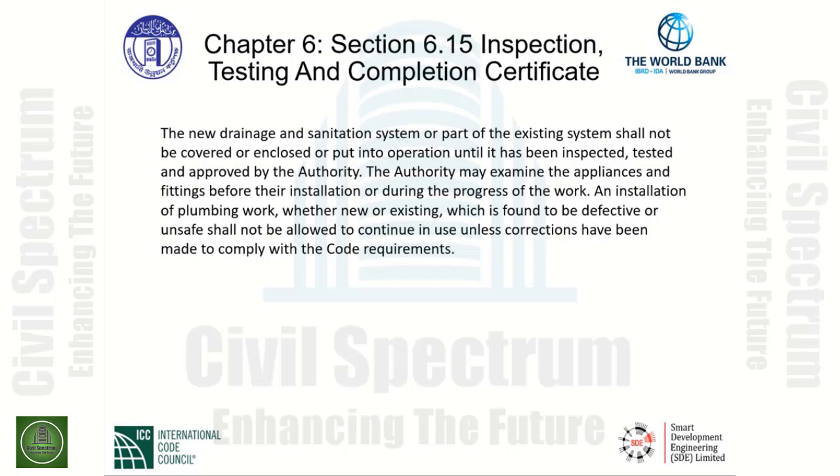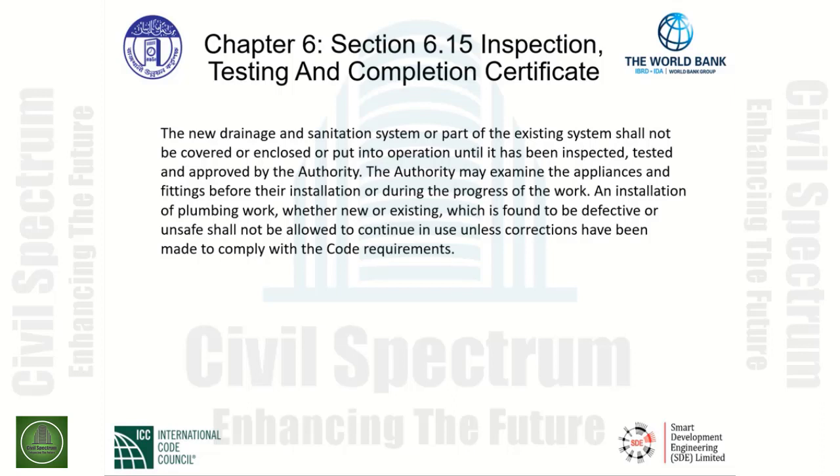Chapter 6, Section 6.15 indicates the new drainage and sanitation system or part of the existing system shall not be covered or enclosed or put into operation until it has been inspected, tested, and approved by the authority. The authority may examine the appliances and fittings before their installation or during the progress of work.